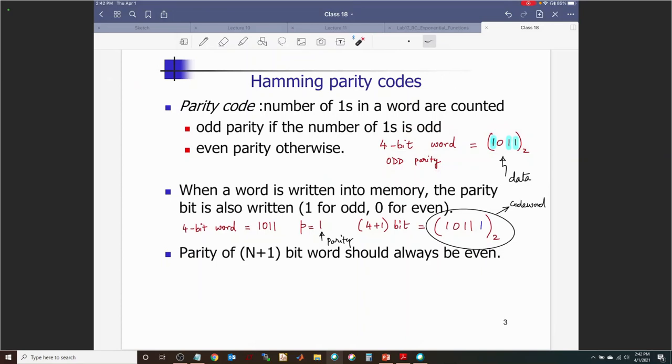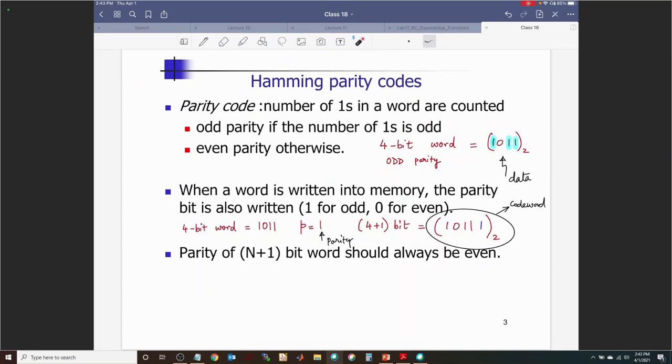What that means is when you read it back from the memory and for some reason you get an odd parity code word, you know errors have occurred, one or maybe two or maybe more than two. But if the code word has even parity when you read it, it is going to tell you that error has not occurred. But let me challenge that statement a little bit.